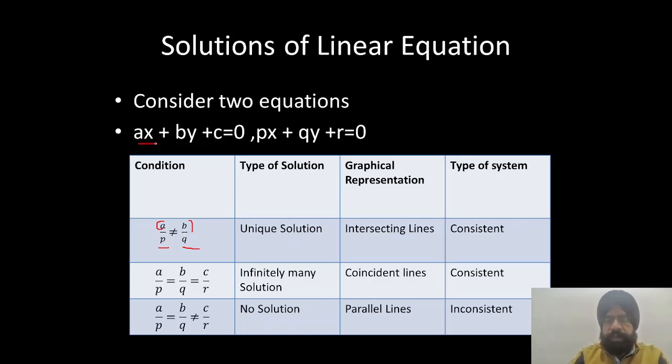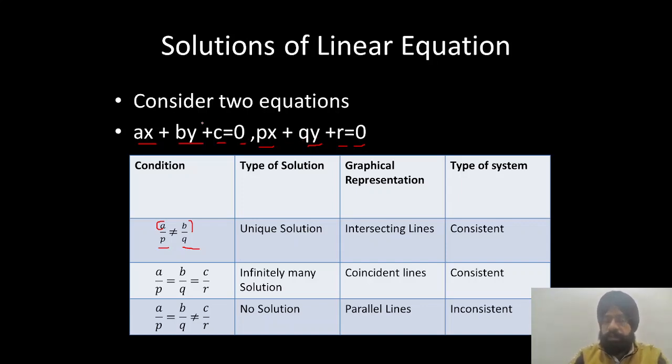Just see this, ax plus by plus c equal to 0, and px plus qy plus r equal to 0. x and y are the variables, a and b are the constants. Similarly, for our next equation, px plus qy plus r equal to 0, x and y are the variables, p and q are the constants.